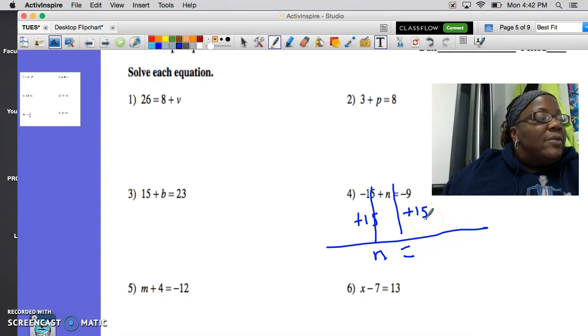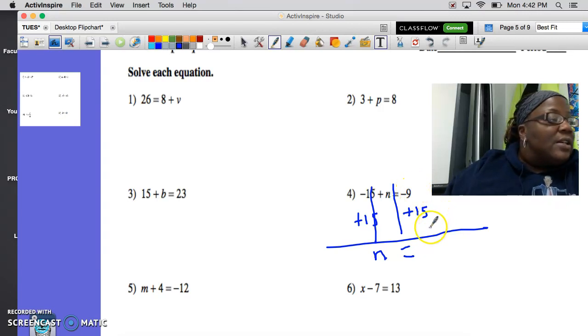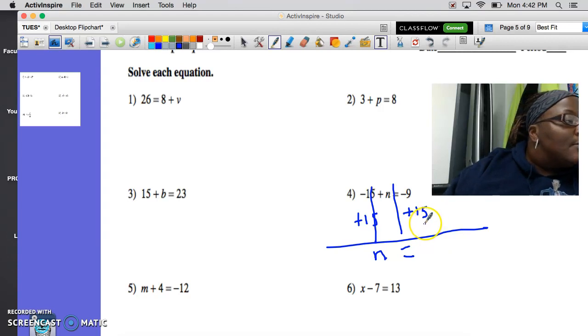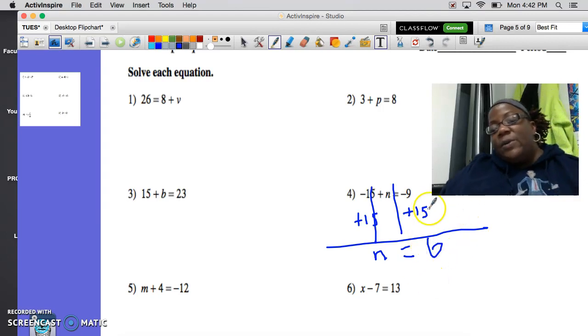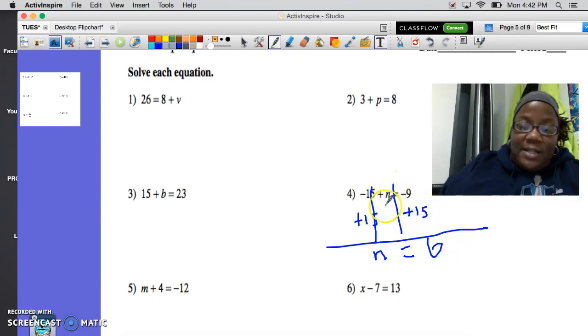Remember, if you don't remember your integer rules, you can always use a calculator. Just make sure you put in exactly how you see it. So it's negative 9 plus 15. Make sure our class calculators work. Oh, it does. Okay. And there you go. The answer would be a positive 6.